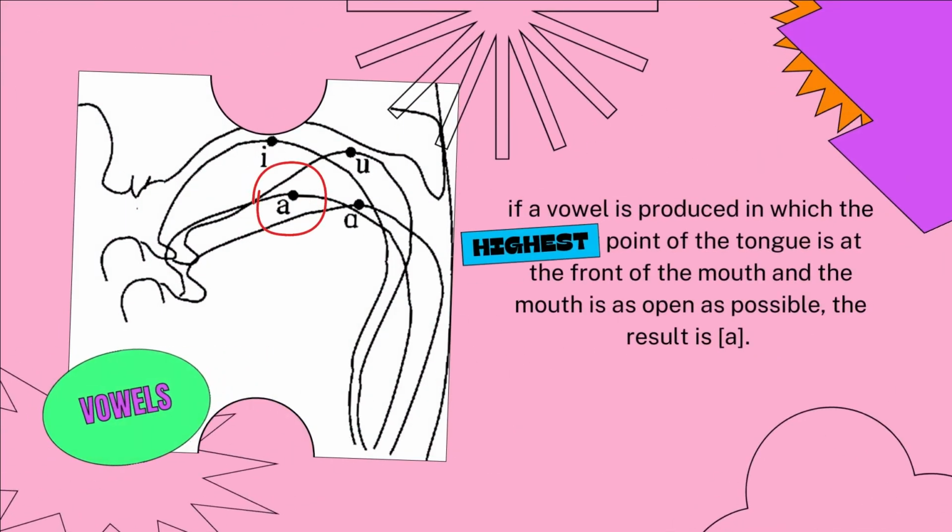And if a vowel is produced in which the highest point of the tongue is at the front of the mouth and the mouth is as open as possible, the result is a. This is very like the quality of the vowel in cat in contemporary standard Southern British English. These two extreme vowels may also be regarded as fixed reference points.